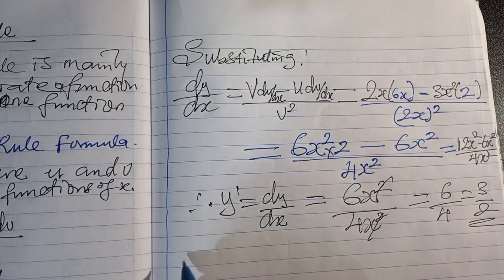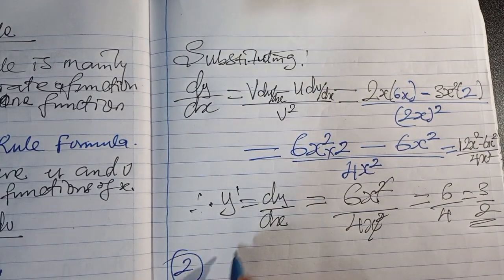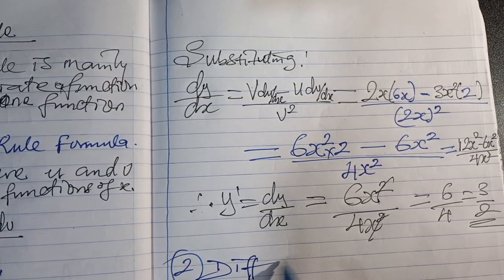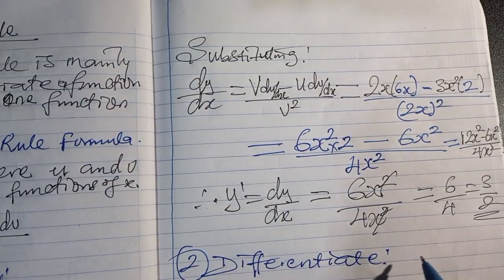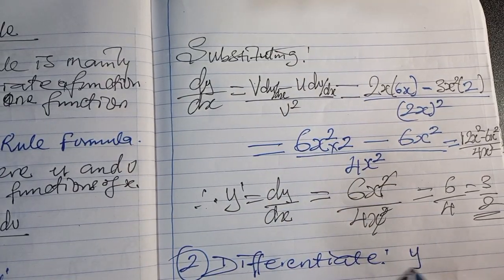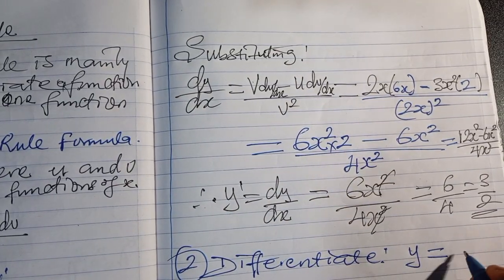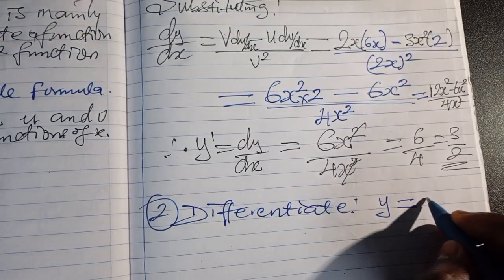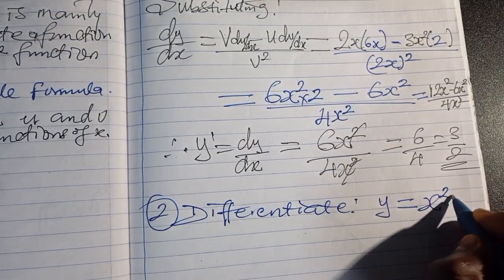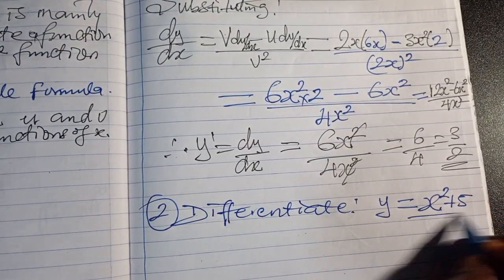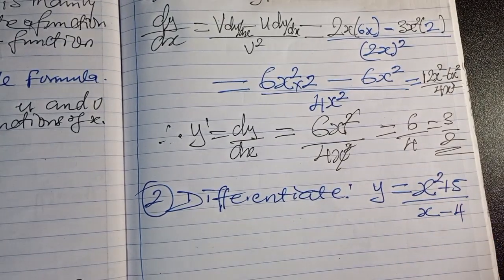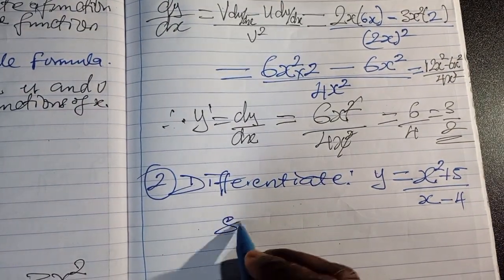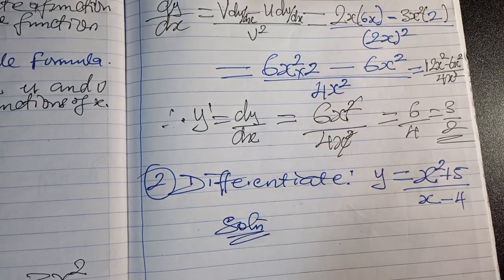All right, let's solve example 2. Number 2: differentiate y equals x raised to power 2 plus 5 divided by x minus 4. Solution.